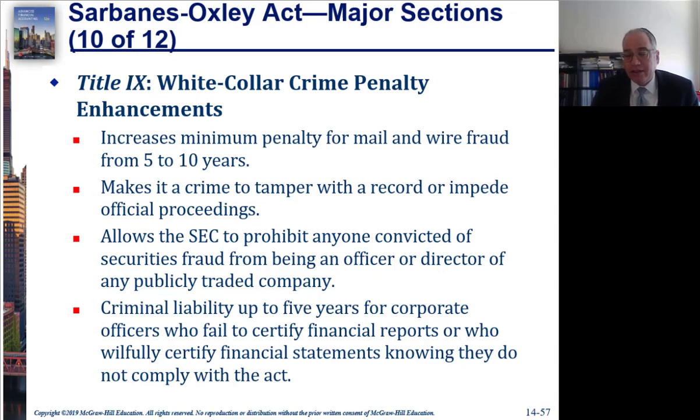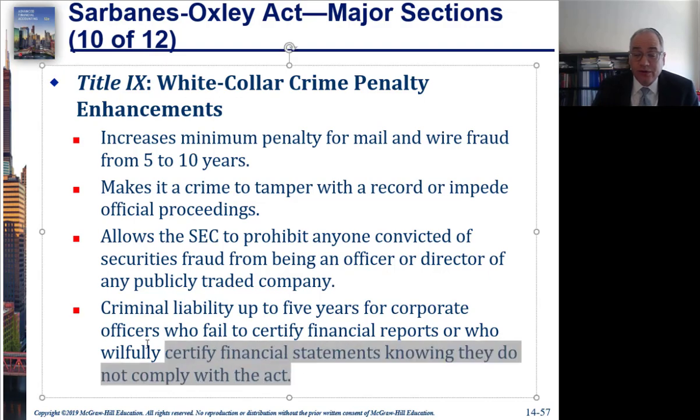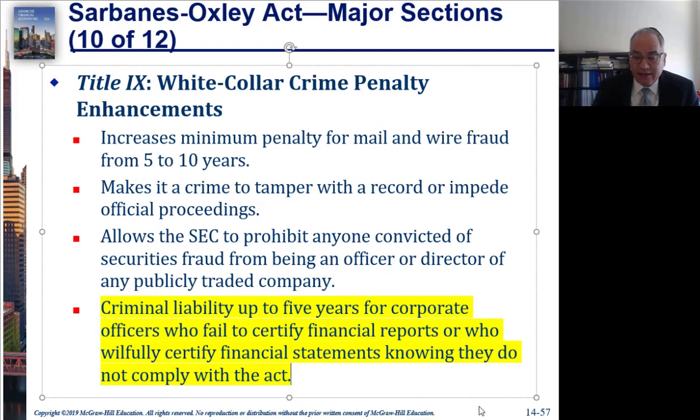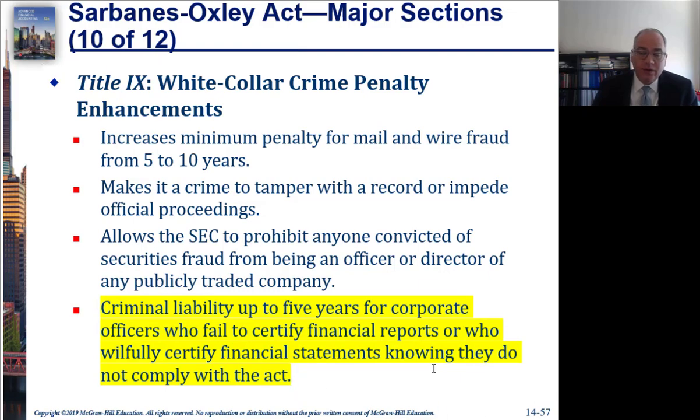And criminal liability for up to 5 years for corporate officers who fail to certify financial reports or who willfully certify financial statements knowing they do not comply with the act. So if you refuse to sign that letter, or if you sign a letter that your financial statements are reliable and they're not, you could actually go to jail for 5 years.